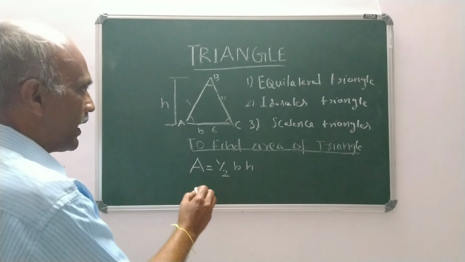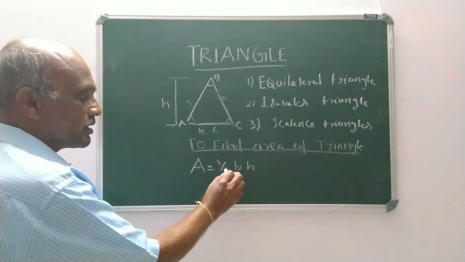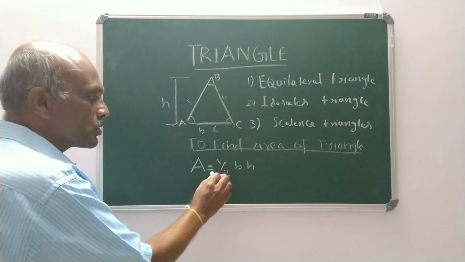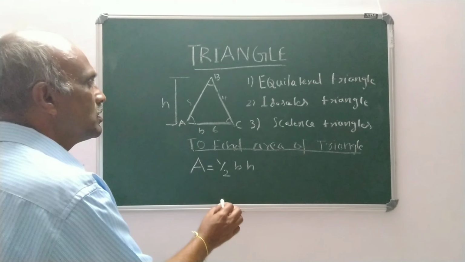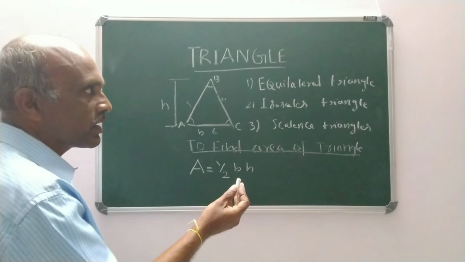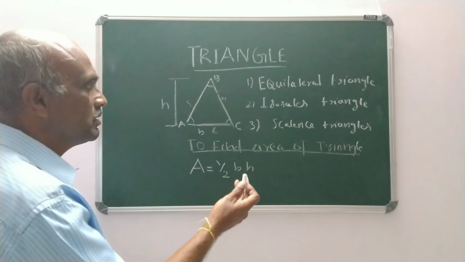So again I will repeat, this is the formula to find the area of a triangle. Area is equal to half into base into height. Once you know the formula, you can find the area of any type of triangle, whether it is an equilateral triangle or an isosceles triangle or a scalene triangle.